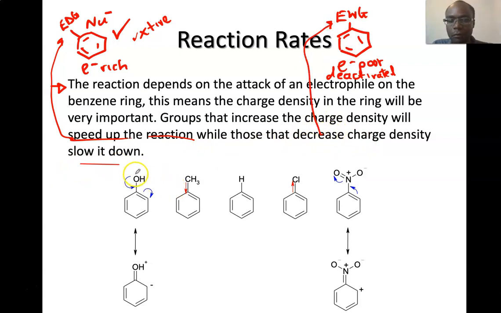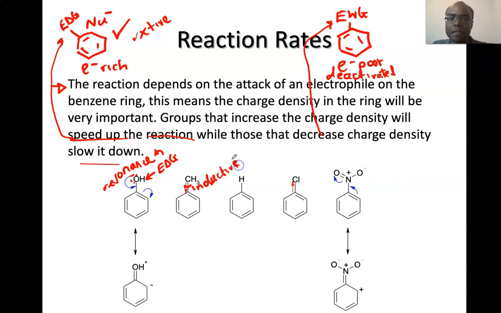So I want you to know that if you have an element directly sitting on the ring, that element having lone pairs will be activating the ring by resonance, because you see, I can push electrons into the ring. So this OH group is an EDG, electron donating group. It's donating by resonance. The alkyl groups, for example, methyl group, will donate through bond. We call it donation by inductive effect.